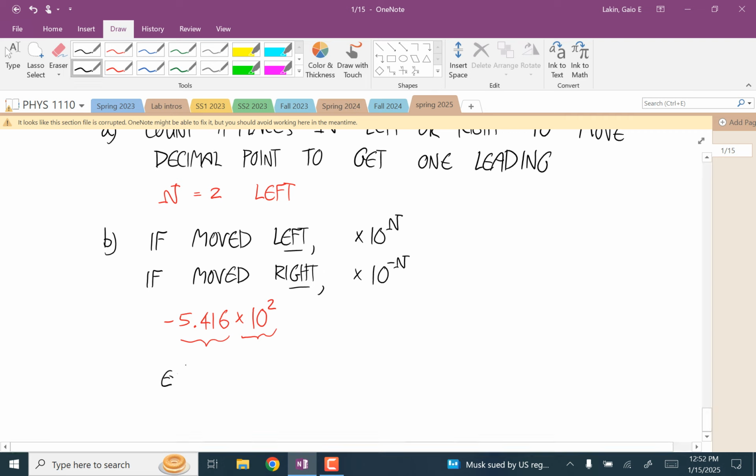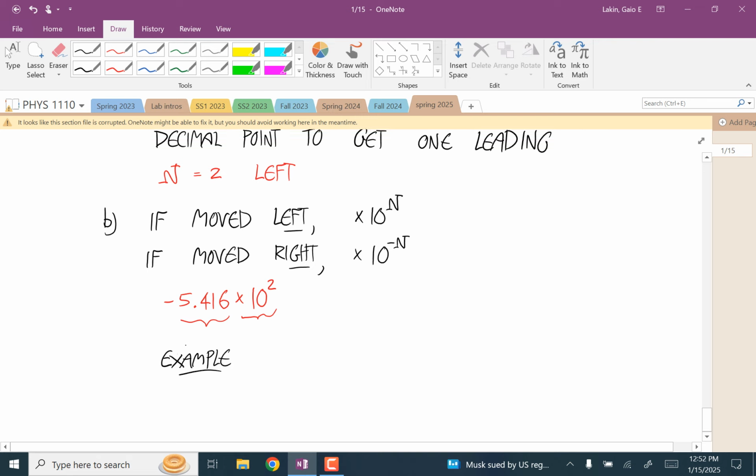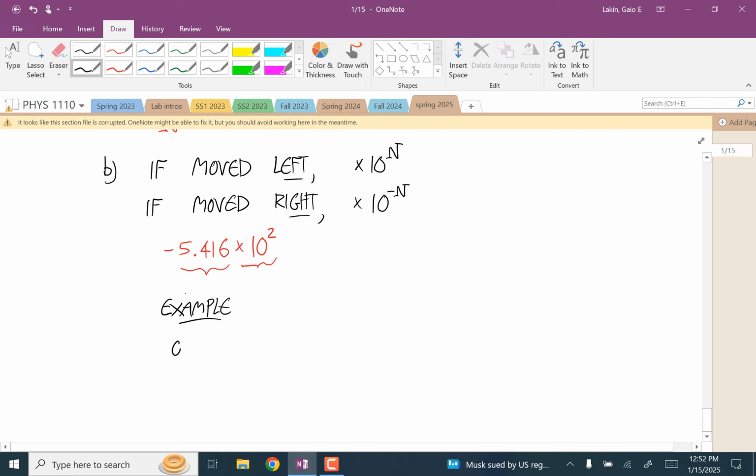Let me do another example. So let's say our number is 0.000106. Okay. Well, I know I have to move the decimal point 1, 2, 3, 4 spots.